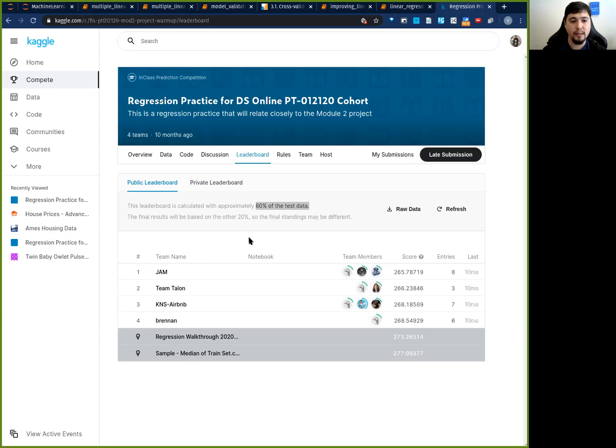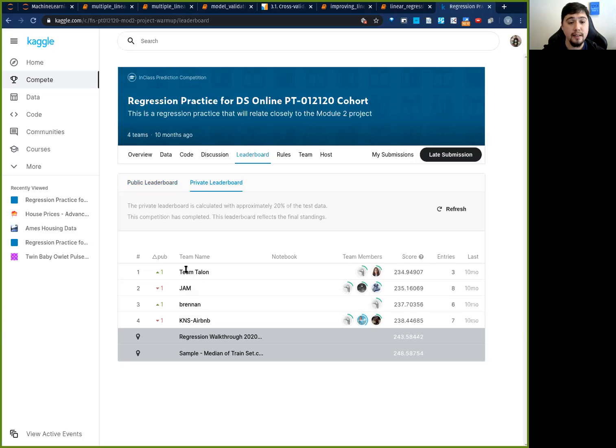I think this is why I like doing this little activity: you'll tend to see that people start overfitting on this public leaderboard data. And on the other 20% that you never see, you don't perform as well because you've been tuning your model to perform better and better on the public leaderboard. If you look closely here at the public board, I think Jam and then Team Talon were the two top teams.